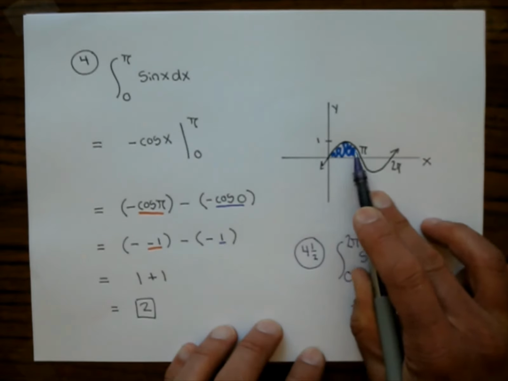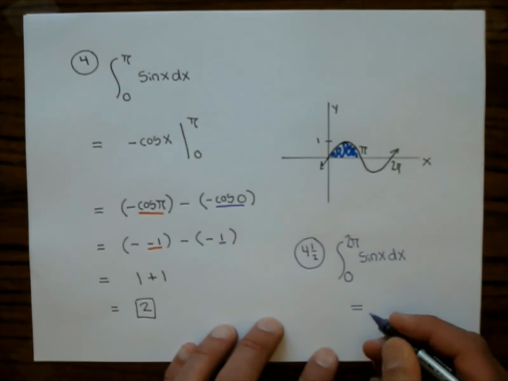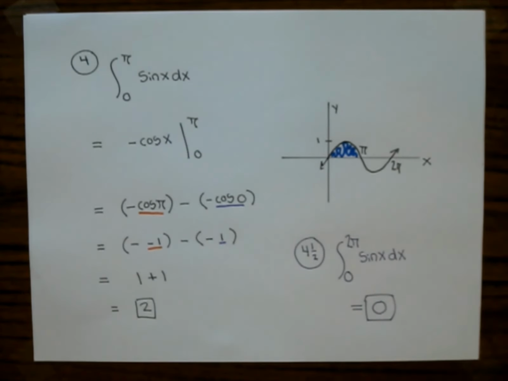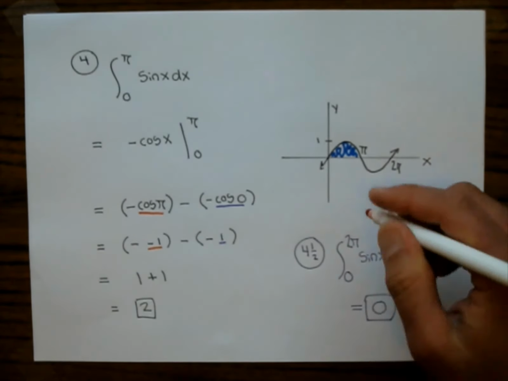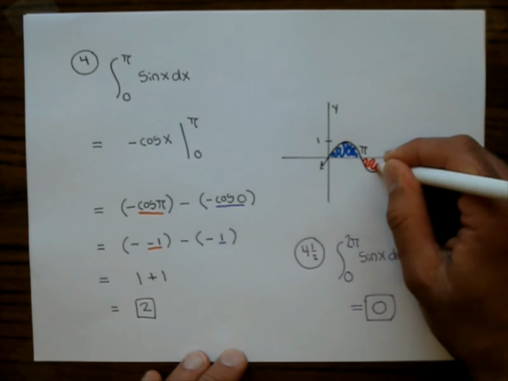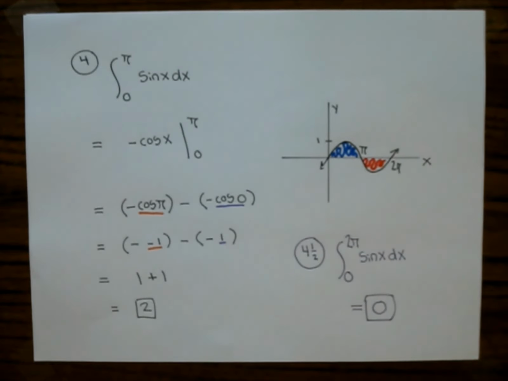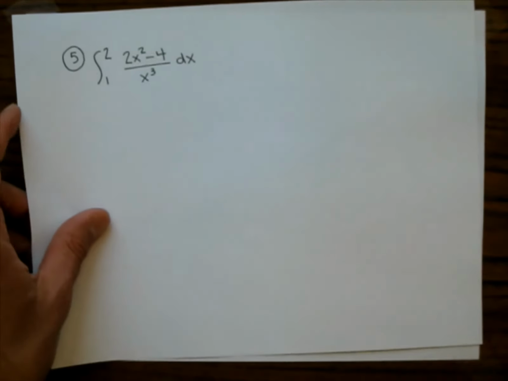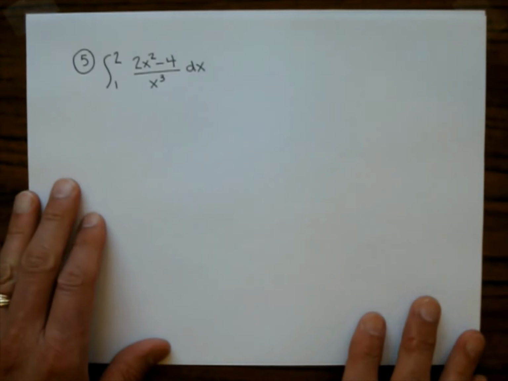So if you sweep across from 0 to 2 pi, that definite integral is going to be 0. That is problem 4.5. Now, why would I go 4.5 and not put a 5? Because I kind of planned things out, so that would have ruined this problem right here.